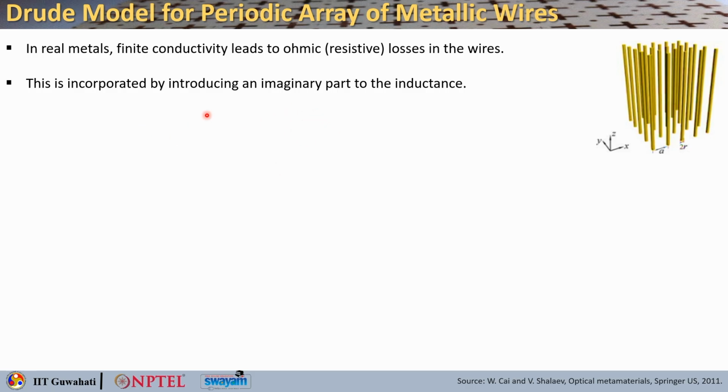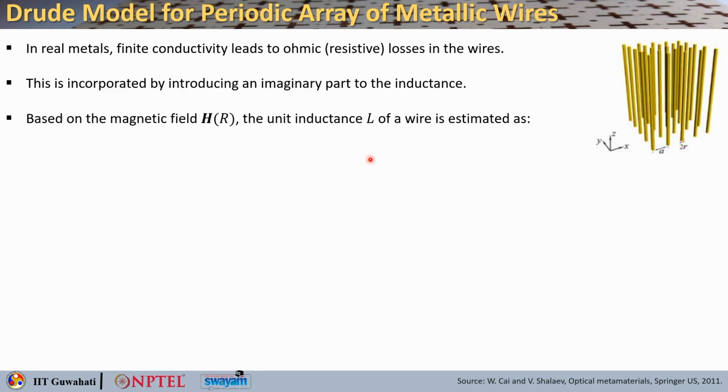So, this is incorporated by introducing an imaginary part to the inductance, and you will see here how it is done. So, you consider the magnetic field, okay, H(r), and for that the unit inductance L for a particular wire can be estimated as L equals mu naught integration over r to A by root pi of H(r) dr divided by pi r squared e and v. So, that gives you the inductance, which is typically equivalent to mu naught by 2 pi ln A by r.